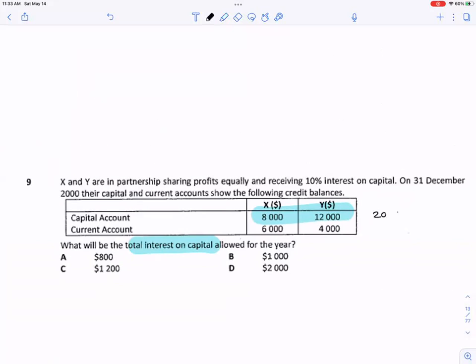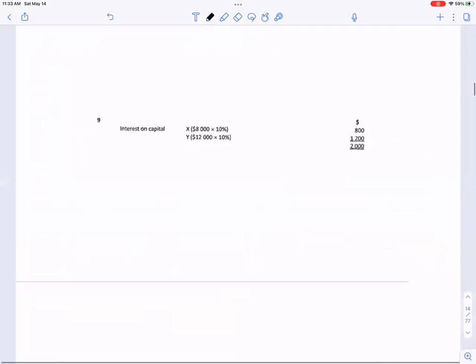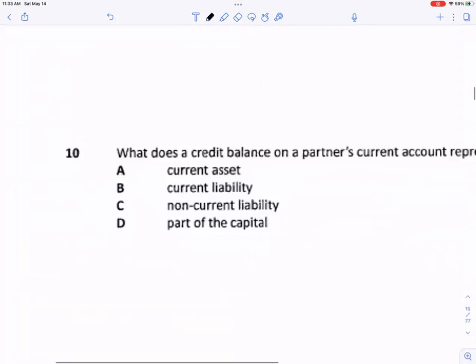What will be the total interest on capital? 10%, so 2,000. Option D. Very easy, good. Go to the next one.